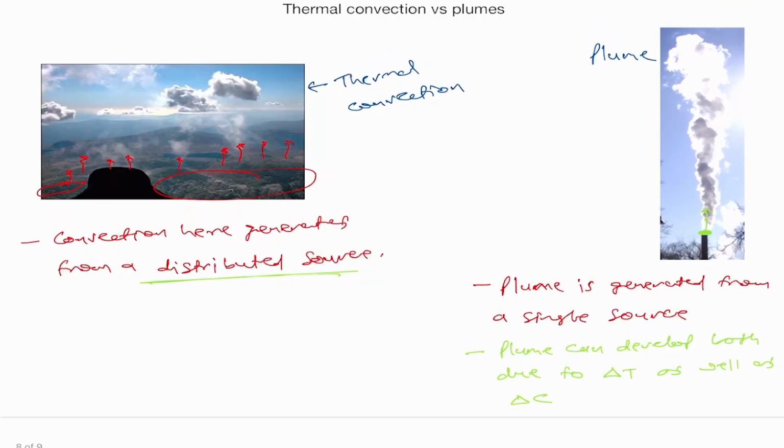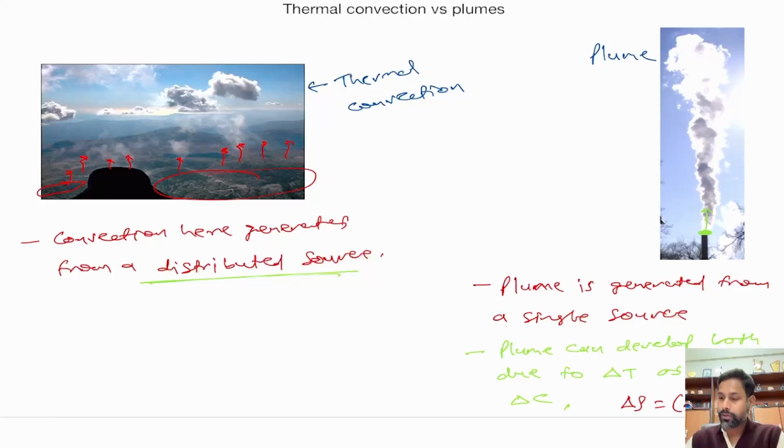As we have discussed, this delta rho that we need can come from delta T or delta C. This is something we have discussed in detail. So for plume to develop, we need some density difference, and this density difference can come from either temperature difference between plume and the ambient, or concentration difference between the plume and the ambient, and not necessarily they have to have temperature difference. Whereas when we talk about thermal convection, which is the point of interest in this lecture, thermal convection can happen only due to delta T value.